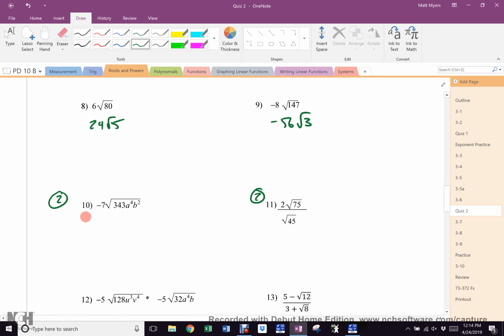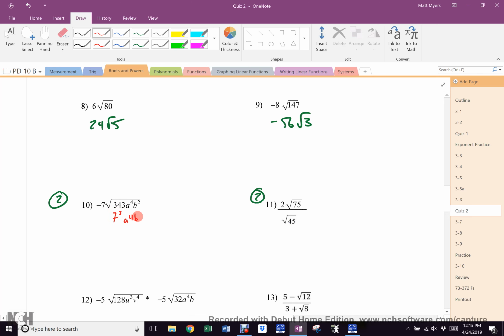What is 10? Negative 49 root 7. Yay! Do people need to see why? Obviously, some people do. 7 cubed.